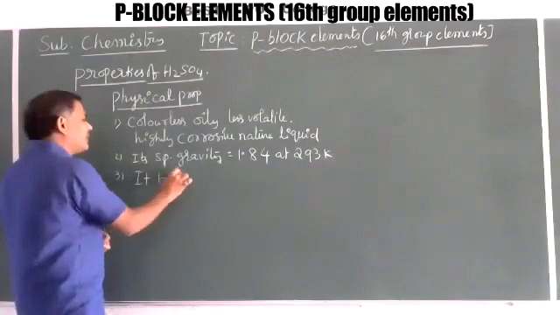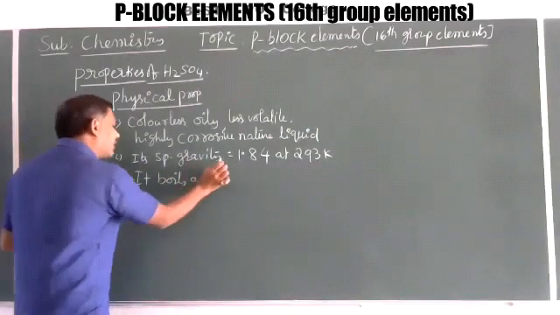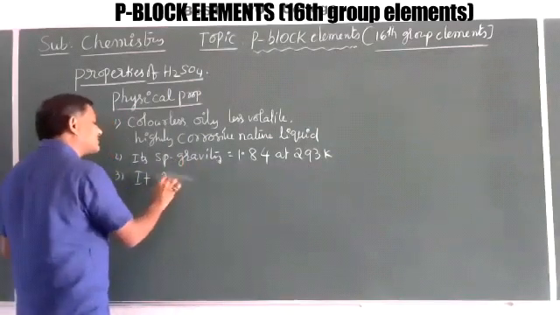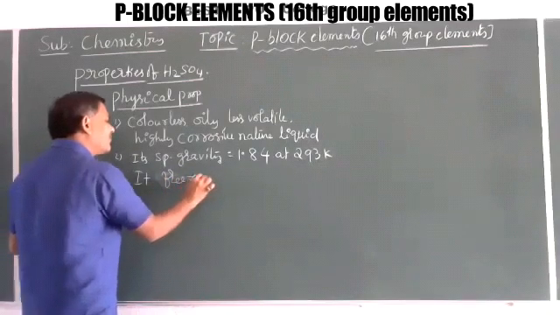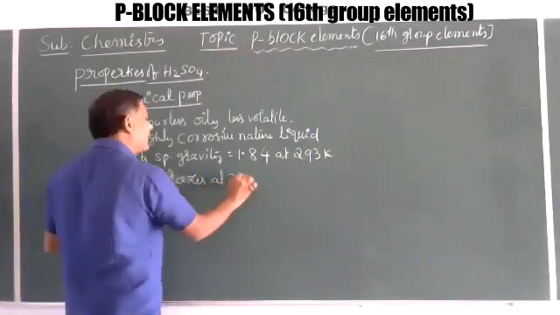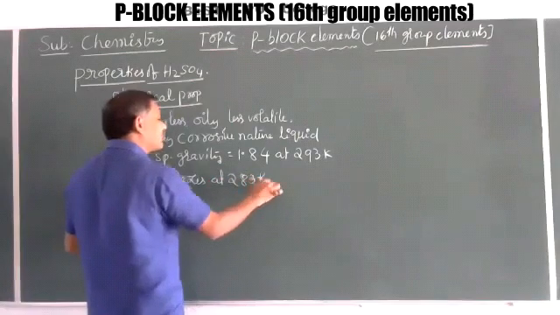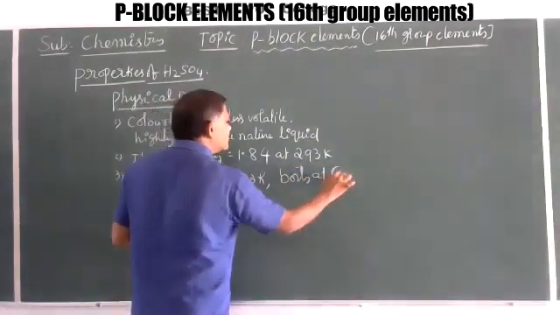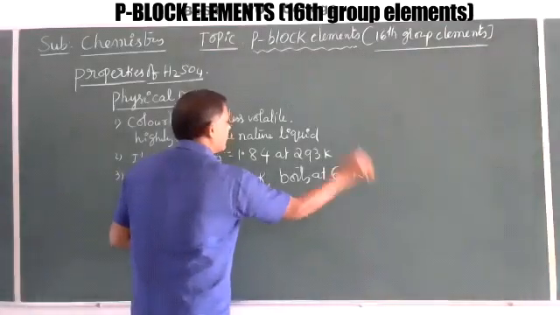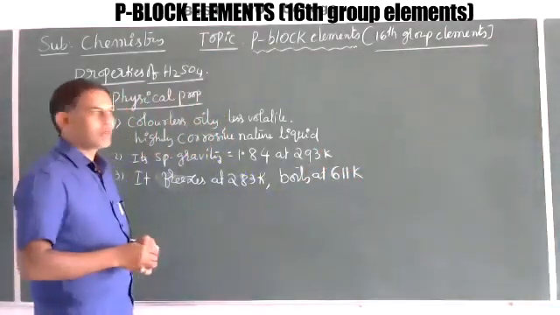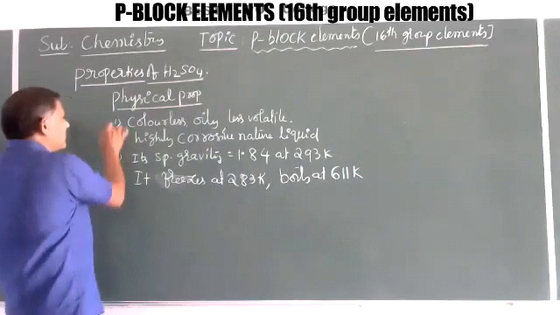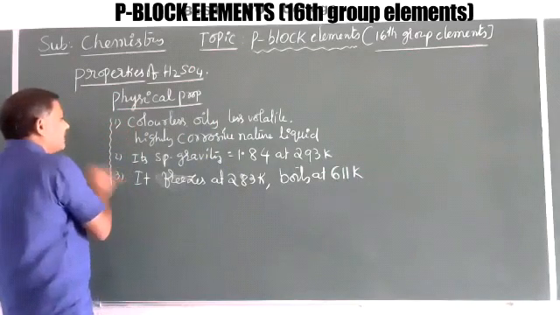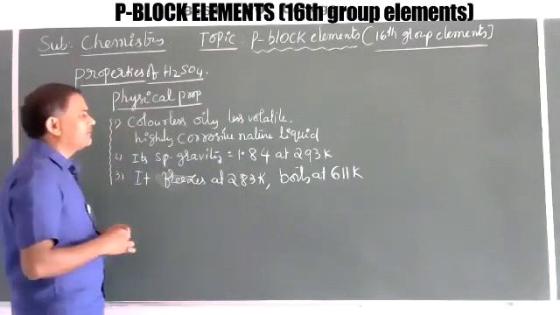It freezes at 283 kelvins and boils at 611 kelvins. Okay, so these are some important physical properties of sulfuric acid.